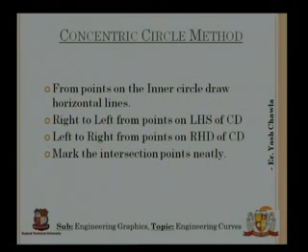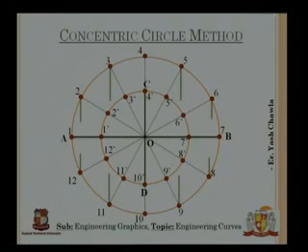Now we are going to take the center circle, that is the smaller circle of the minor axis. The points on the left hand side of the minor axis CD, we draw horizontal lines from right to left, and those on the right hand side we draw from left to right. Don't get confused, this is 2 and 3 and this is 11 and 12.